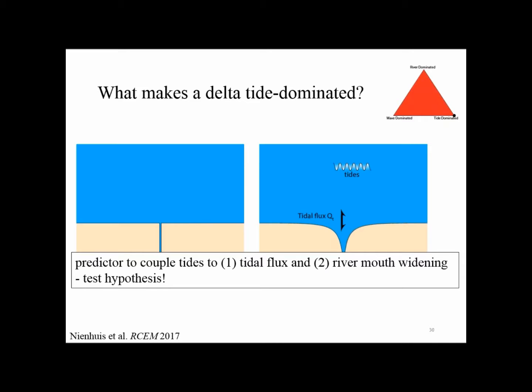Two aspects of this predictor are going to be important. One is that we couple some external control, things not changed by the delta itself, to a tidal flux, and we have a morphologic signature of that as well, which is how much wider the river mouth should become. That will allow us to test our hypothesis.